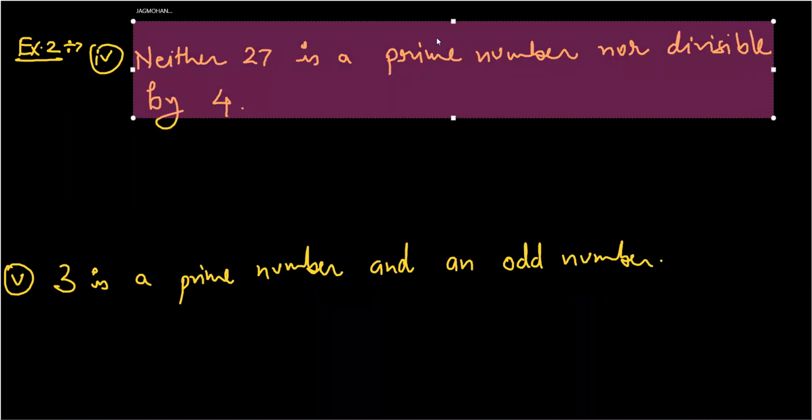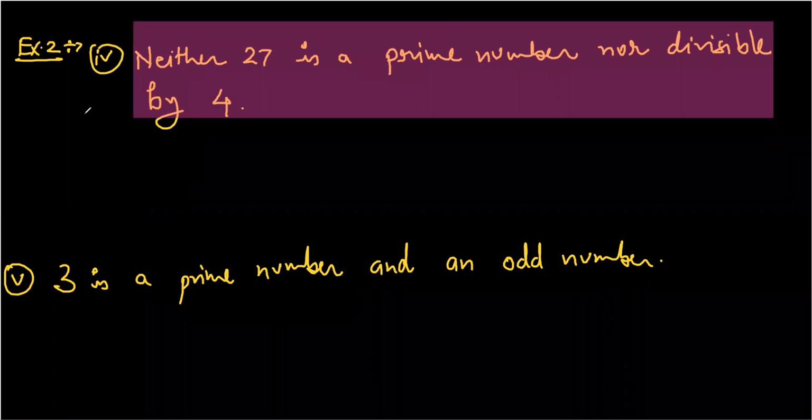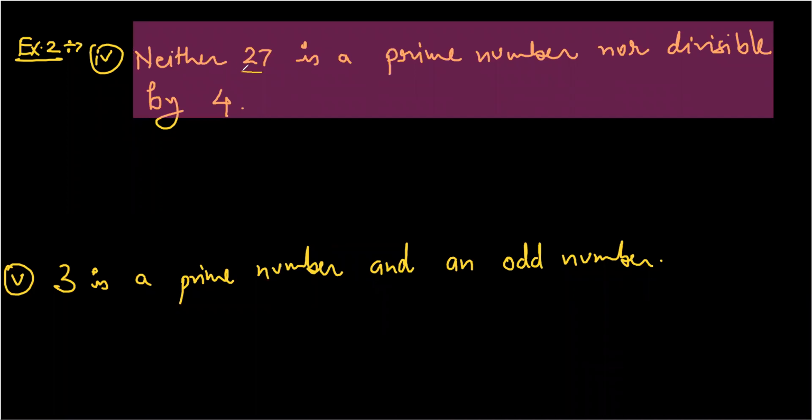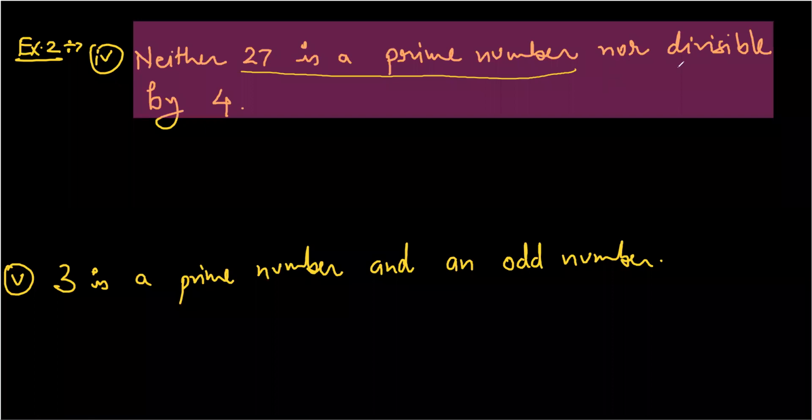So how do we have 'and' here? That is a matter of discussion. As it says, neither 27 is a prime number nor divisible by 4.